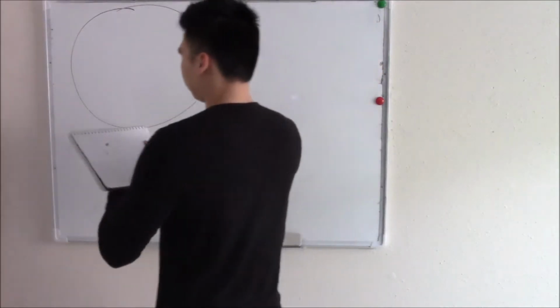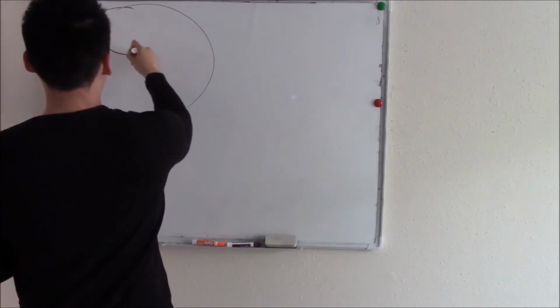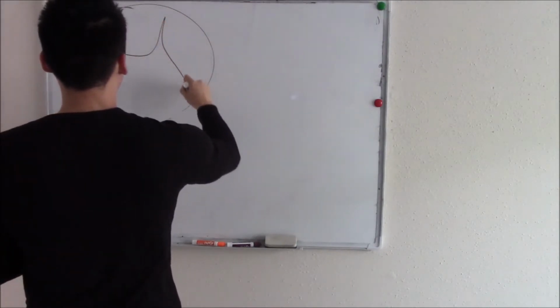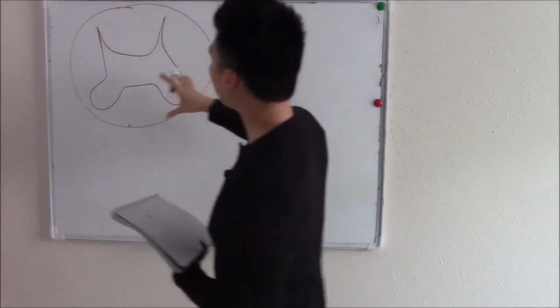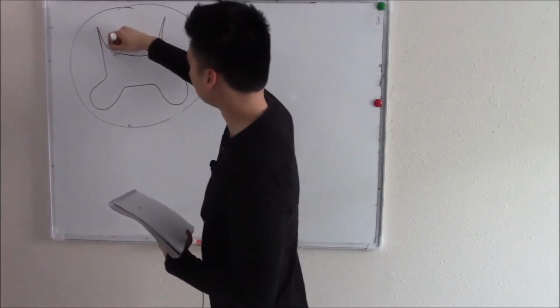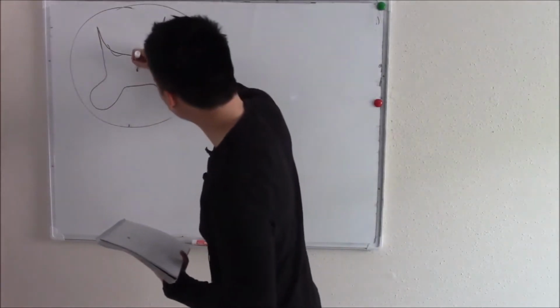And gray matter looks like this. I'm blocking your view, but I'm trying to make this as symmetrical as I can. All right, so the gray matter looks kind of like this. There's a little central canal. We can split the spinal cord in half.